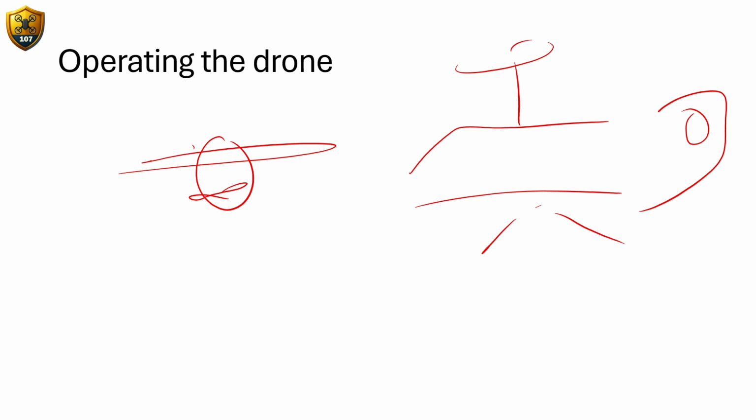Okay, next let's talk about operating drones over human beings. So you cannot fly over human beings unless they are direct participants of the mission, such as the visual observer or one of your crew members, right? So you cannot fly over human beings under normal conditions.